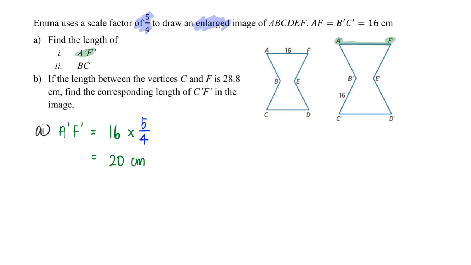Okay? So if I look at the other way around, for BC, then I will have to look at my B prime, C prime, or B apostrophe, C apostrophe. This is my A. Then using the same idea, but this time round, we are trying to find the original length of BC.